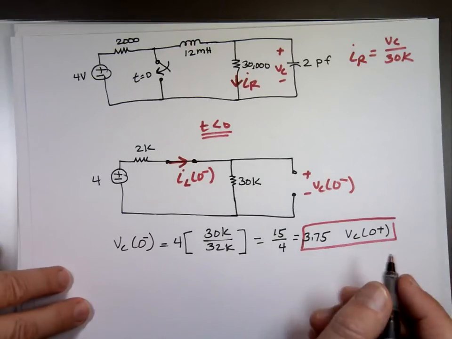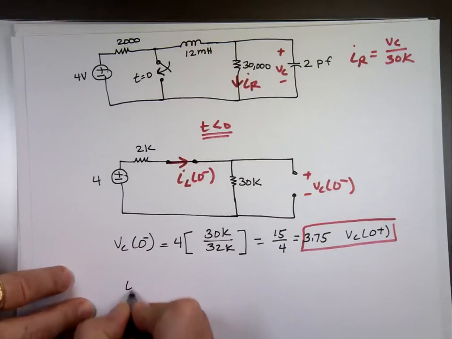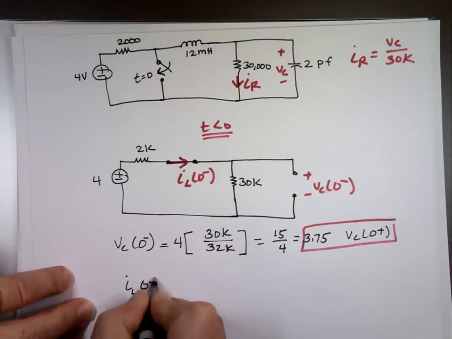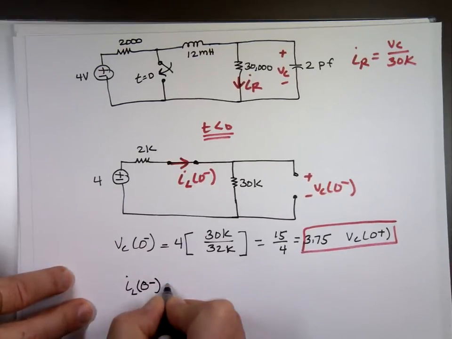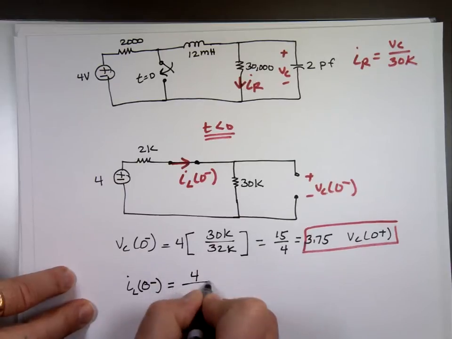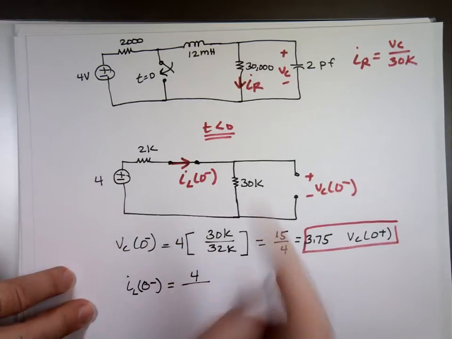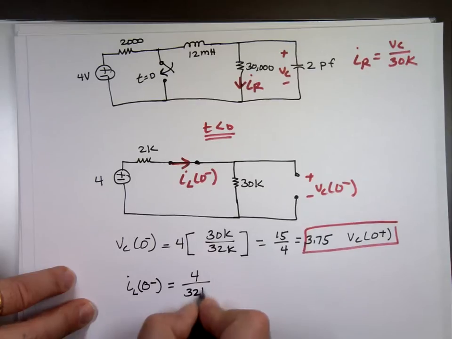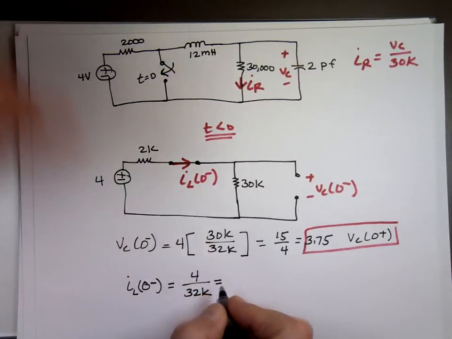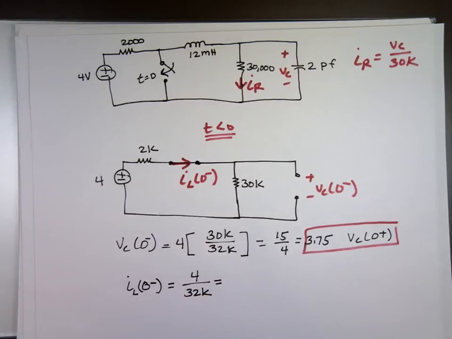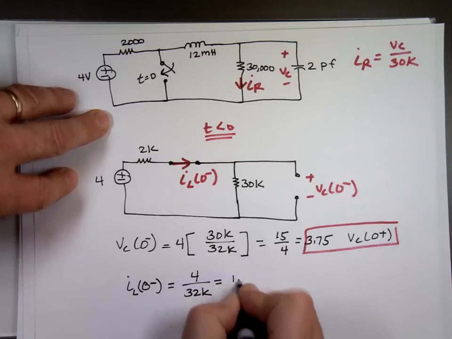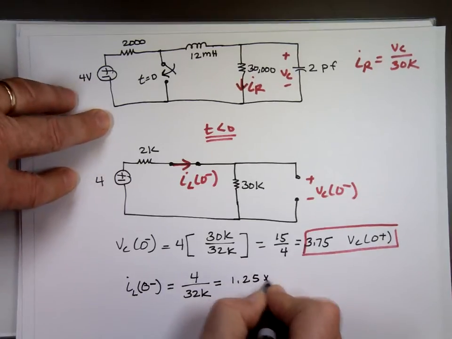I'm also going to need the current, I sub L. That's going to be 4, it's only one loop here, divided by 32K. 4 divided by 32, e to the power 3, 1.25 times 10 to the negative 4.